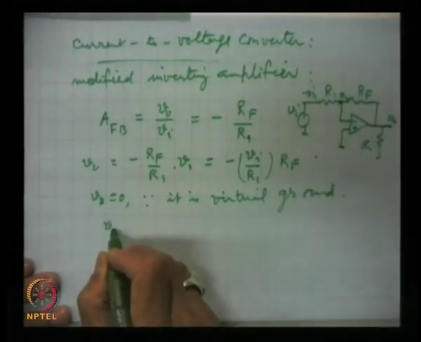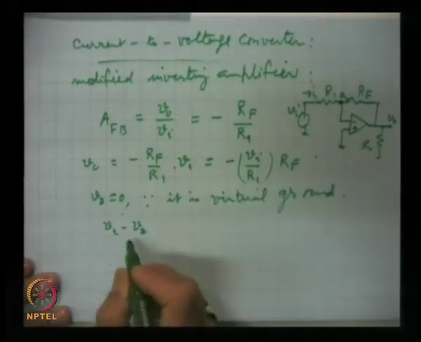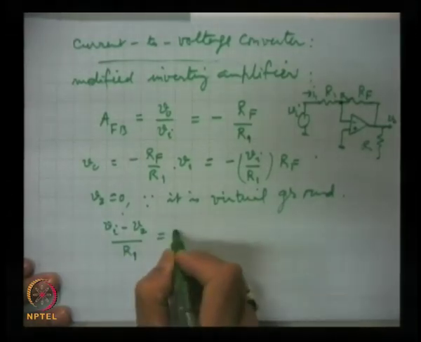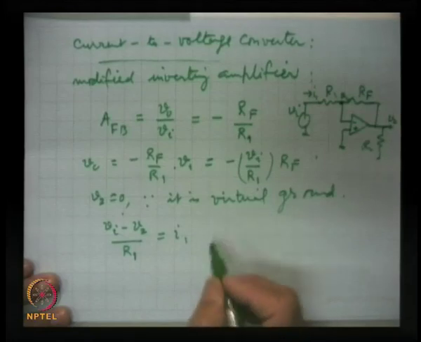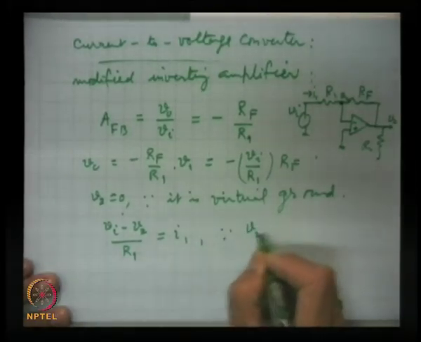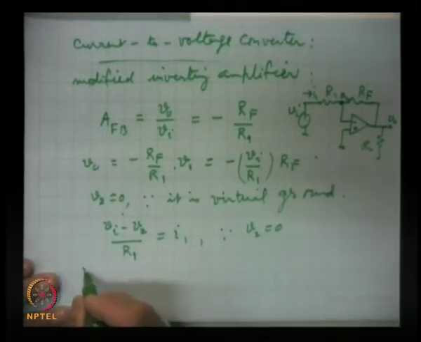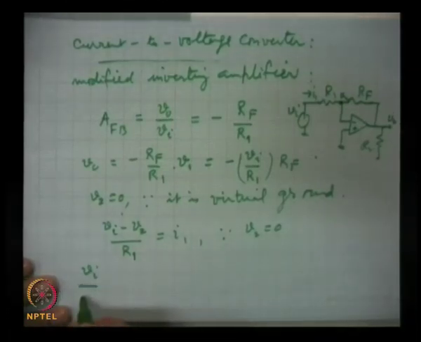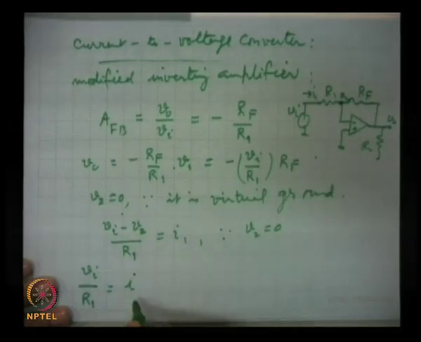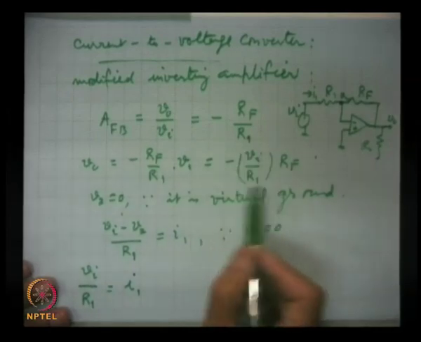Vi minus V2 divided by R1 is I1, but because V2 is 0 as it is virtual ground, Vi by R1 is equal to I1, and this we can substitute. So this is the current.